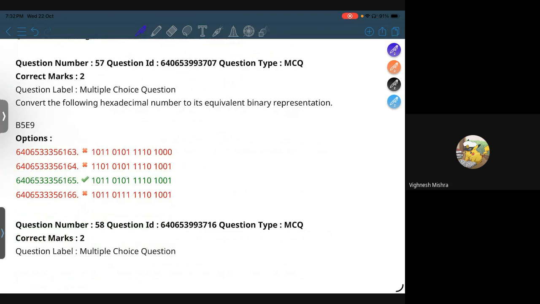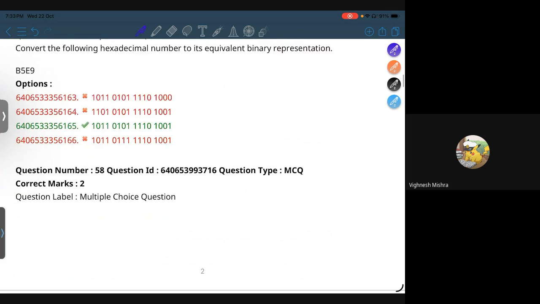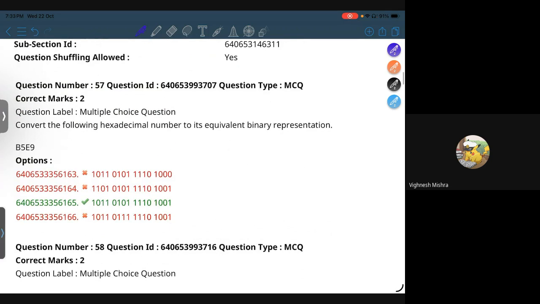Convert the following number into binary code. So for B, A, B, C, D, E, F: 10, 11, 12, 13, 14, 15. So for B, it's 11, which is 8, 2 and 1, so 1011.